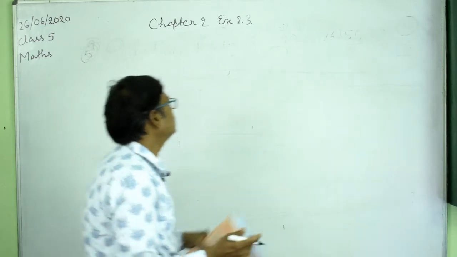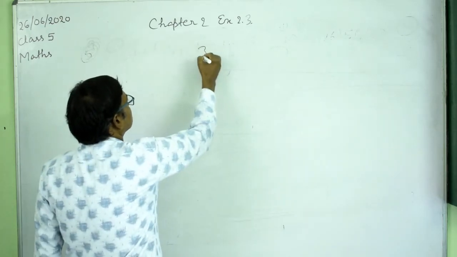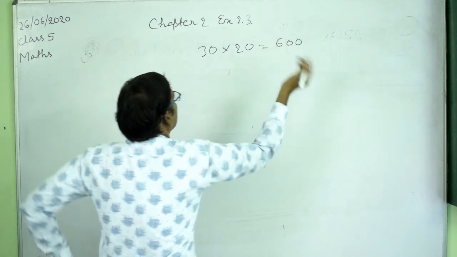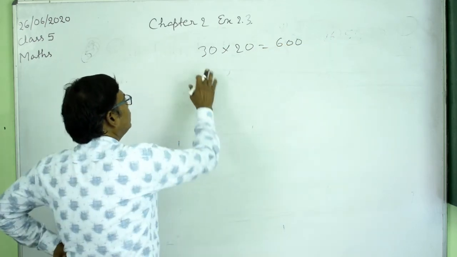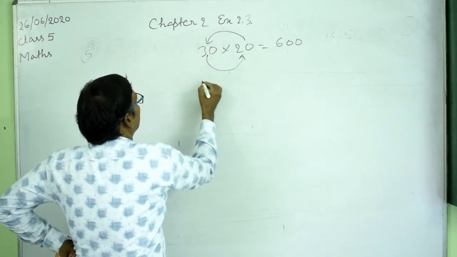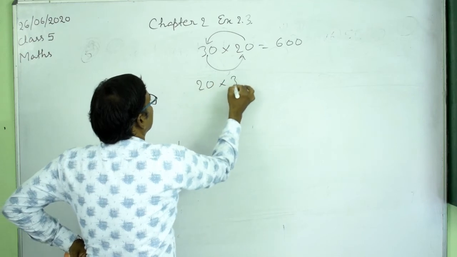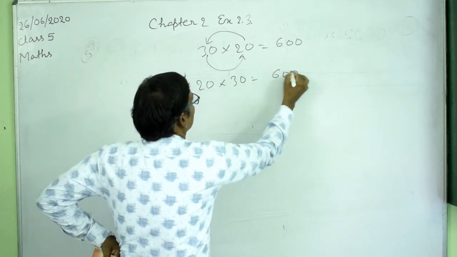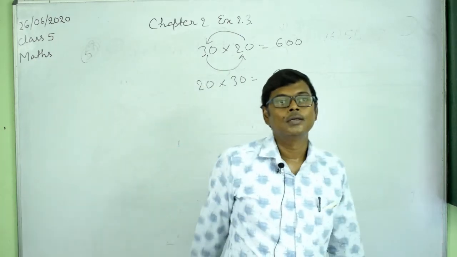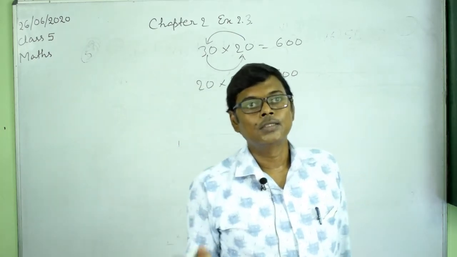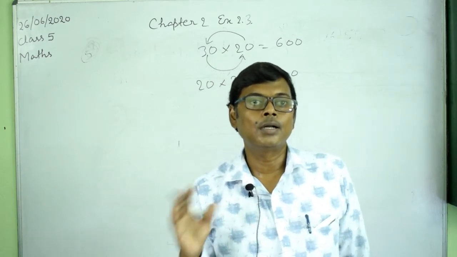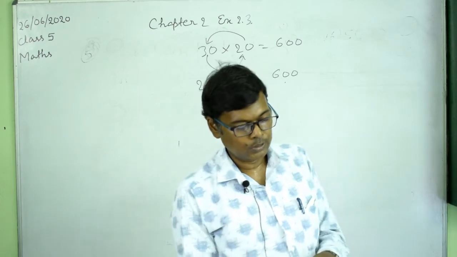For example, if you multiply 30 and 20, the answer is 600. If you change the order, write 30 here and 20 here, then 20 into 30 is again 600. So this is the property of multiplication, that if you change the order, the product remains the same.